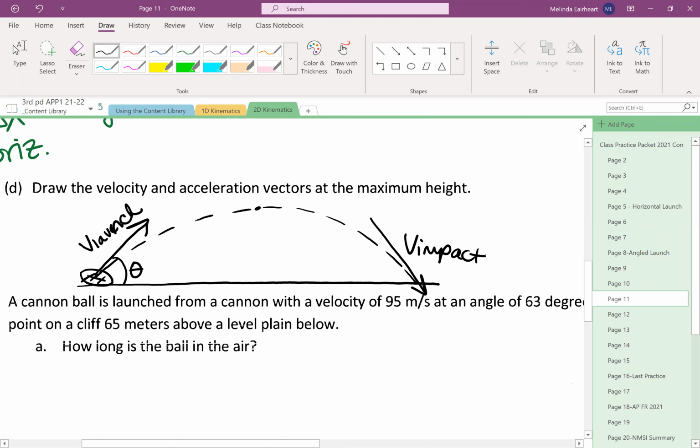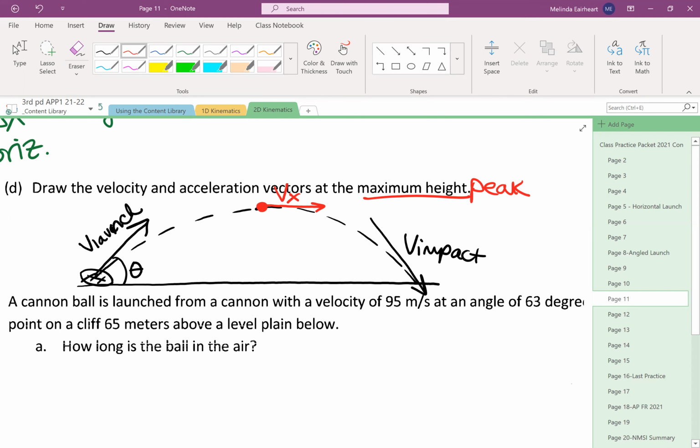Well, they're asking about the peak. At that peak moment, it doesn't totally come to a stop. Vertically, it does not have velocity, but in what direction does it have velocity? Horizontal, in the forward direction, or as I have it drawn, to the right. That horizontal velocity is drawn tangent to the path. It touches just at that one point.